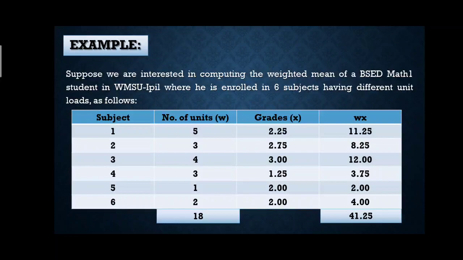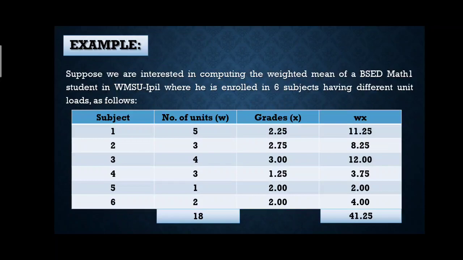Next, the weighted value of x. For the first subject, we have 11.25. How to get 11.25? Just multiply the number of units by the grade. We have 2.25 times 5, which is 11.25. Then 2.75 times 3 is 8.25, and so on.